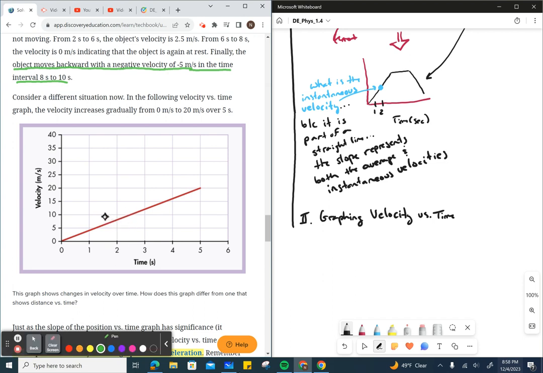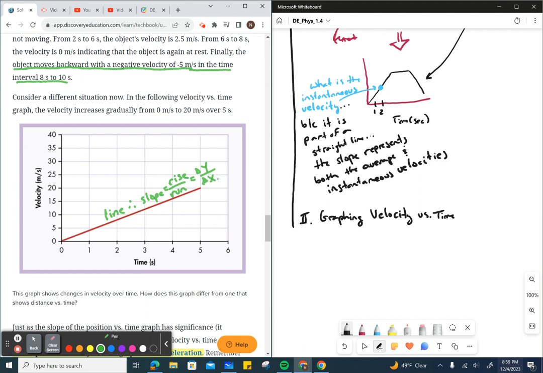It is gradual. This is a line. Therefore, you could figure out the slope equals rise over run equals the change in y over the change in x, right?